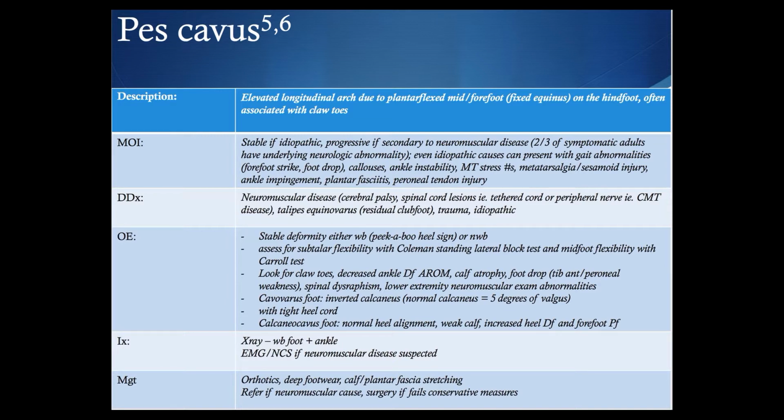Management of this condition obviously depends on the underlying severity, symptomatology, and possibility of underlying associated conditions, by looking at orthotics, footwear modifications, appropriate footwear, stretching of the calf and plantar fascia, and referral in some cases if, again, your history, physical, and presentation suggest some other underlying cause.